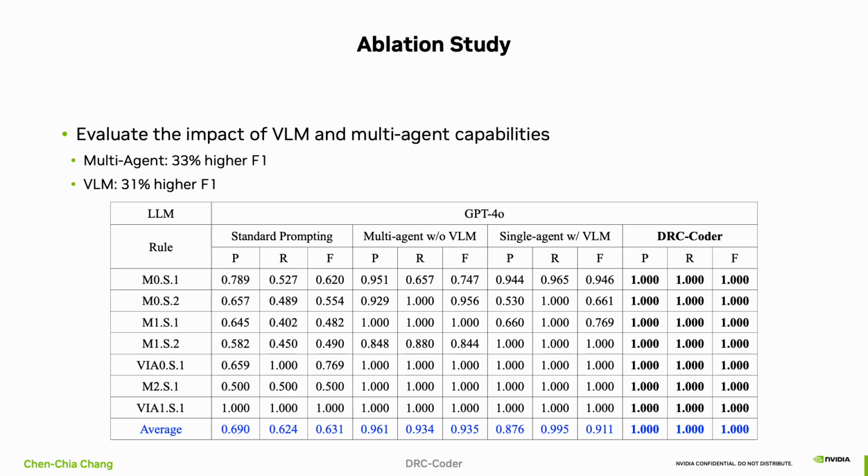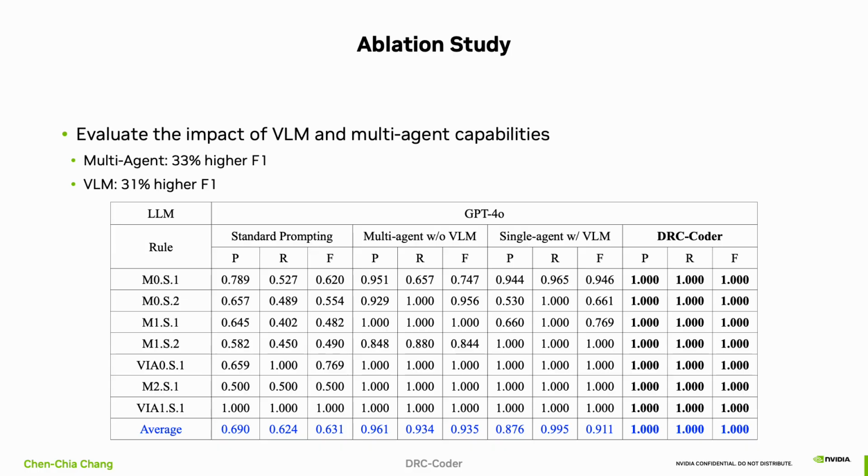In this part, we perform some ablation studies to evaluate the impact of the VLM and the multi-agent capabilities. So we make some changes to our original DRC coder. We use the multi-agent setting but without the vision language model. And we also use a single agent, so right now it doesn't have the planner and the programmer, it only has the programmer itself, but with the help of the VLM.